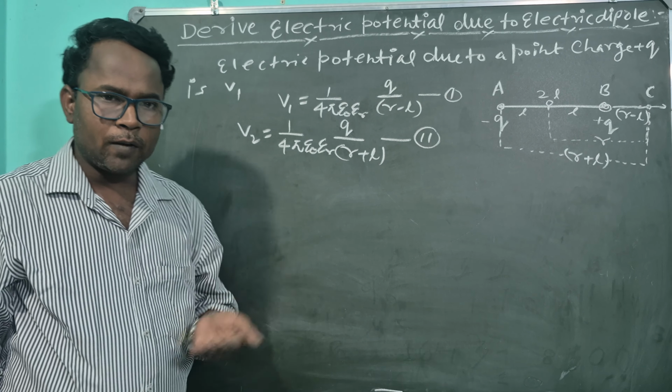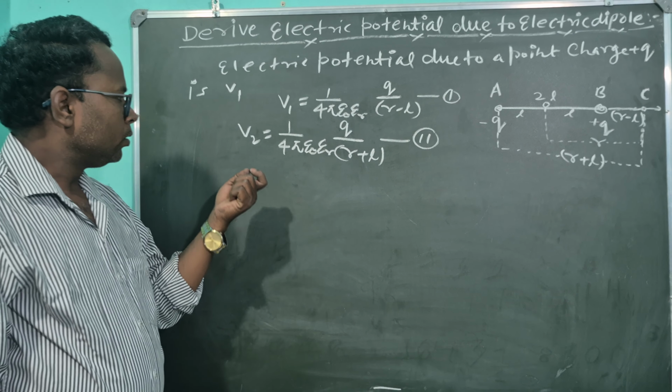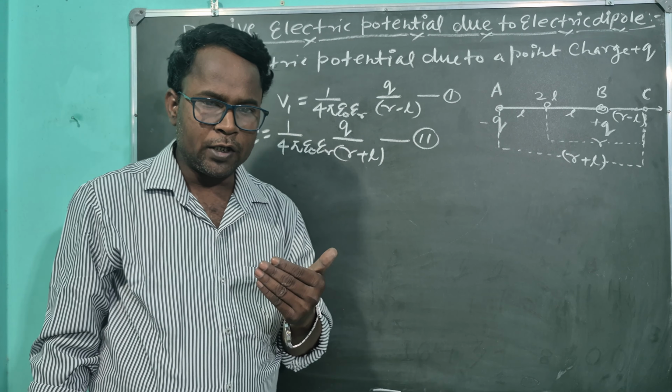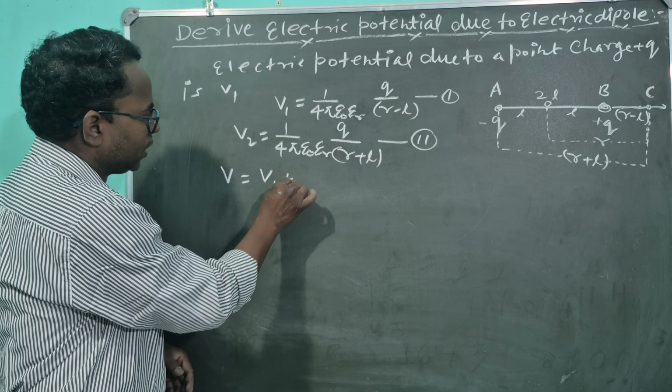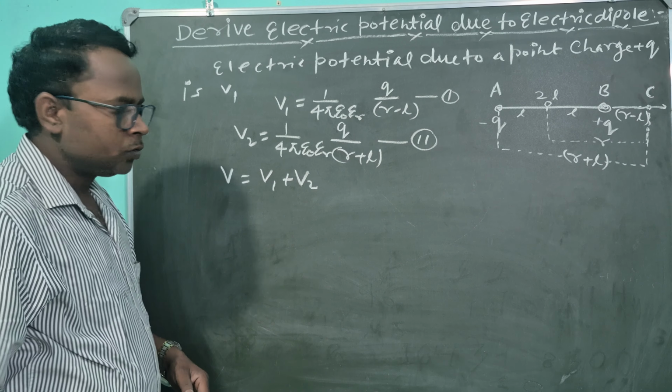By the principle of superposition, the equivalent potential V is equal to V1 plus V2.